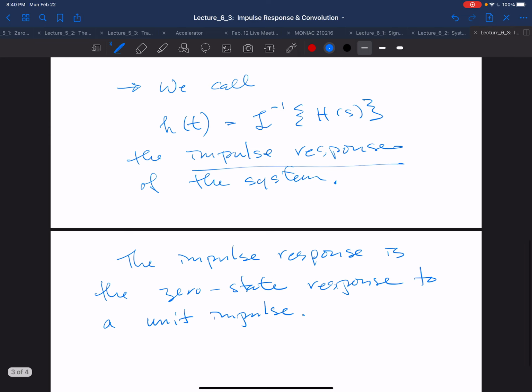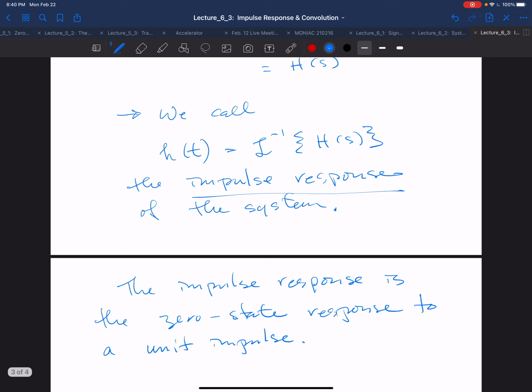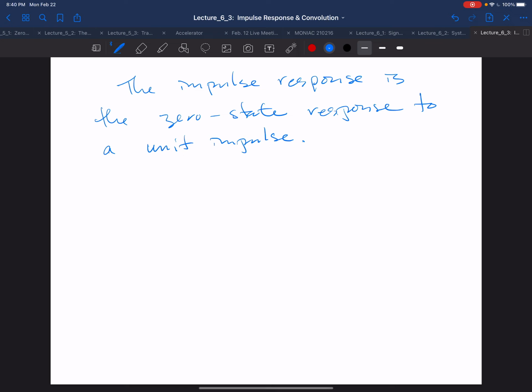Okay. So knowing that, how can we further interpret this equation, Y(s) equals H(s) times F(s)? Again, in general, Y(s) will be H(s) times F(s) for any input f(t) that has a Laplace transform F(s). So again, what does this represent?